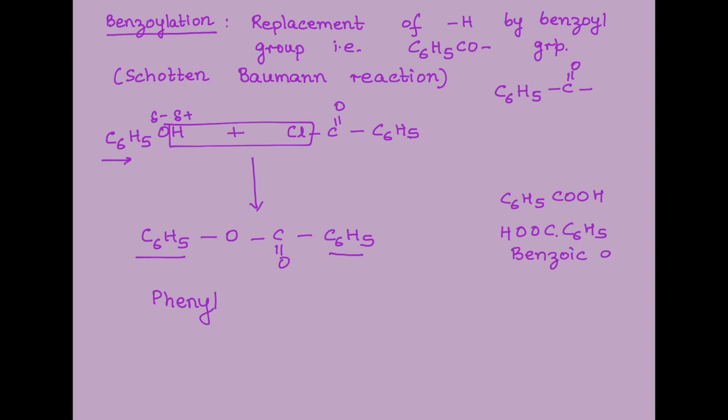In other words, this compound is a derivative of benzoic acid. Hence, we name it as phenyl benzoate. This reaction is known as Schotten-Baumann reaction, benzoylation of, in the case of phenol, that means replacement of hydrogen by the benzoyl group.